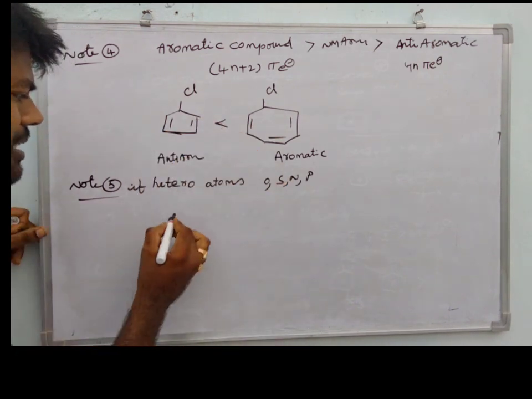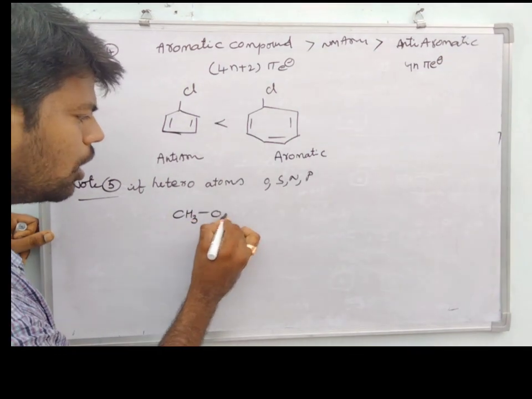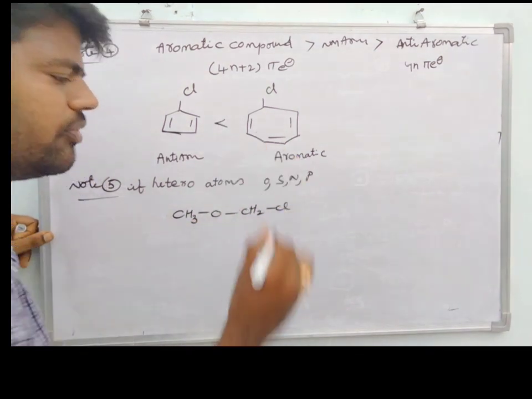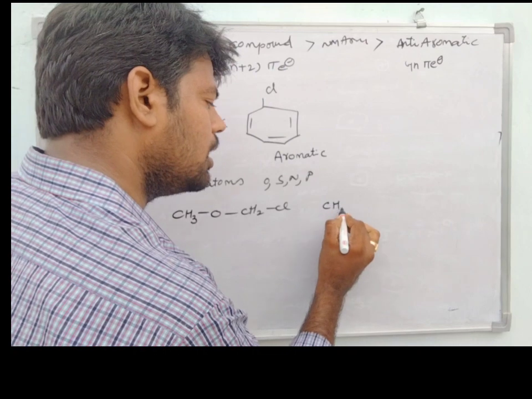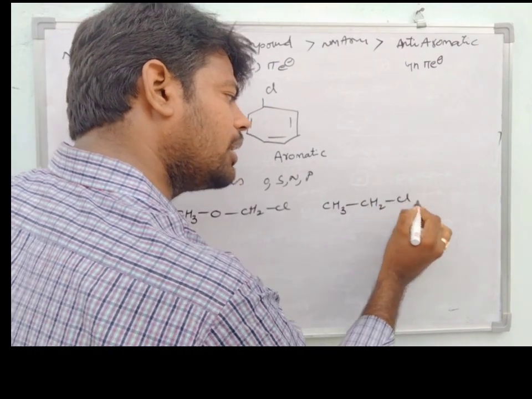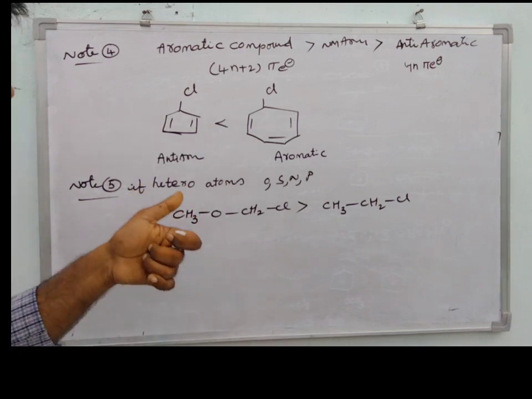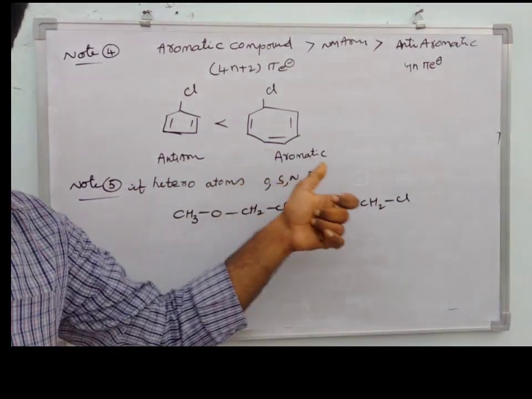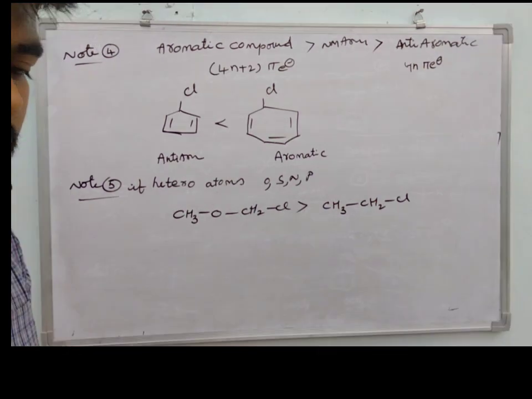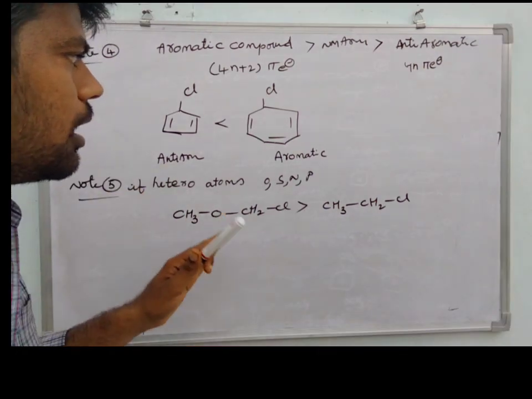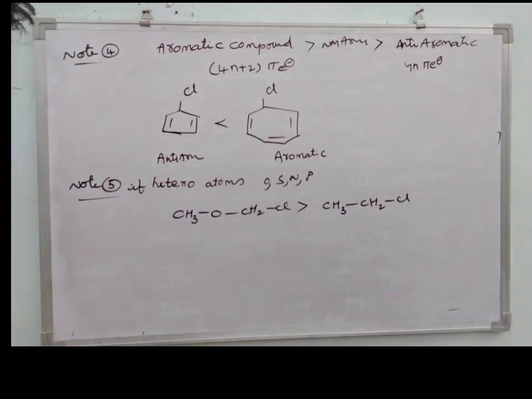If I take the example CH3OCH2Cl and another compound CH3CH2Cl, when comparing these two, the first undergoes the SN1 mechanism very fast due to the presence of a hetero atom. Similarly, if any halogen is there, it also undergoes the SN1 mechanism very fast.